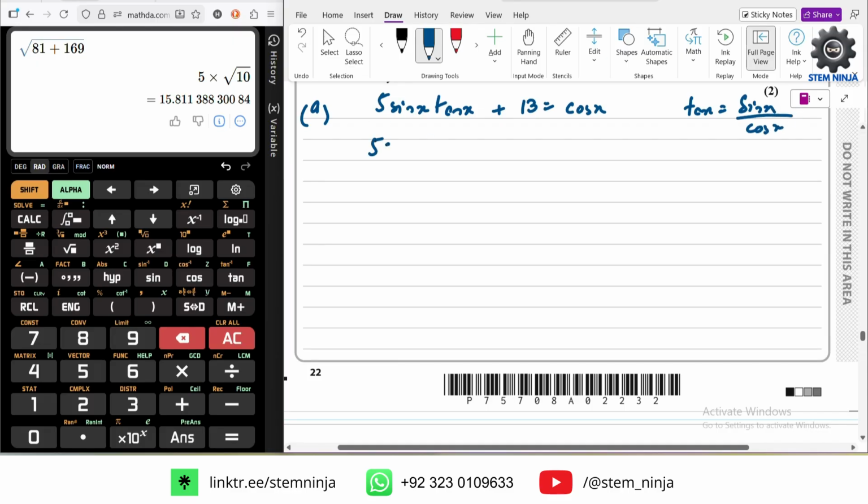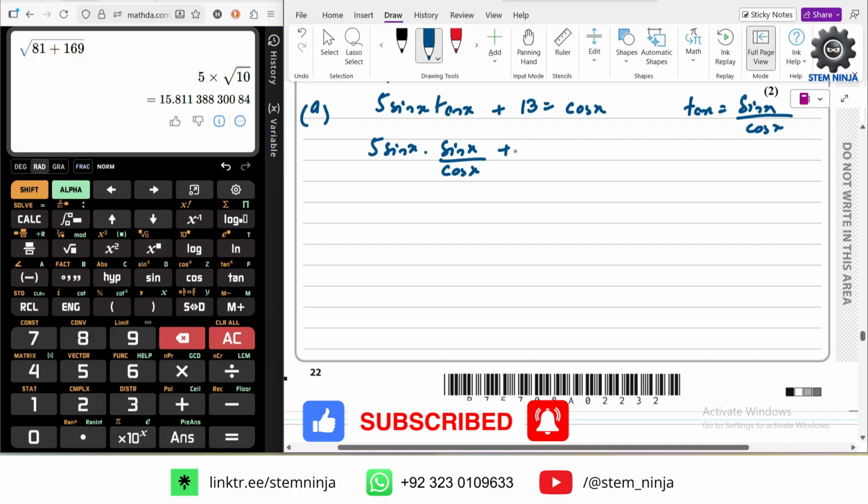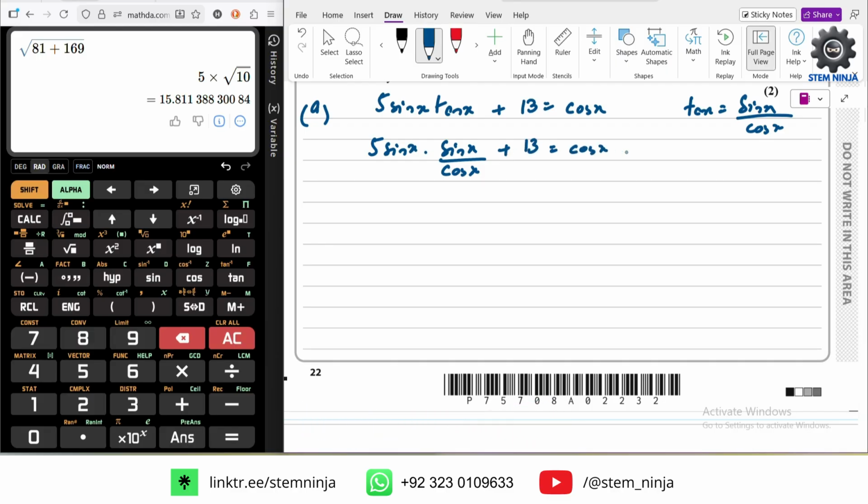So let's do that. So 5 sine of x times sine of x over cos of x plus 13 equals cos of x. Right. So this becomes 5 sine squared x over cos of x plus 13 equals cos of x.